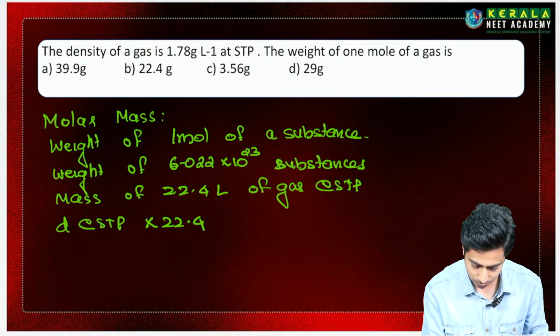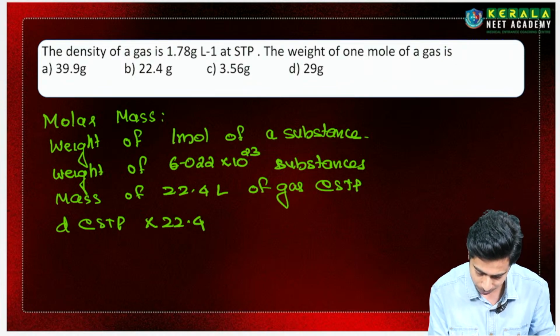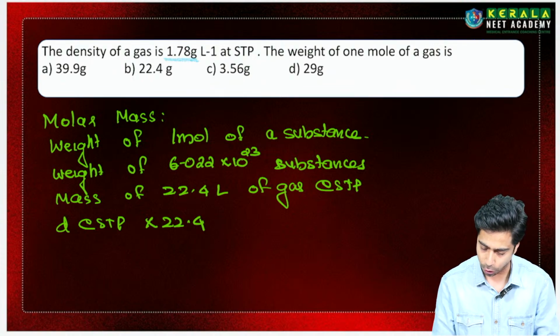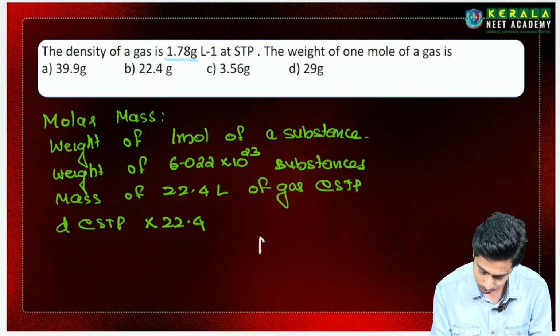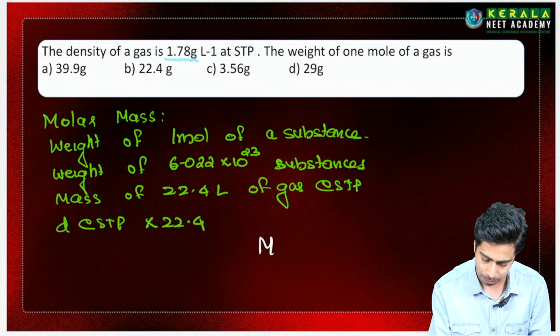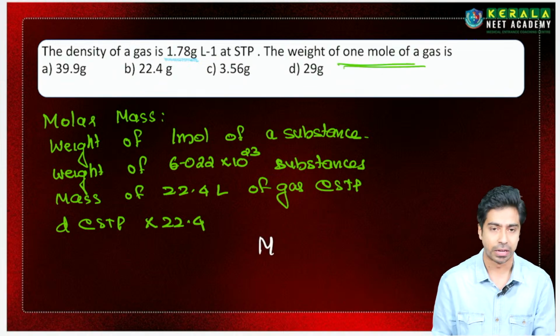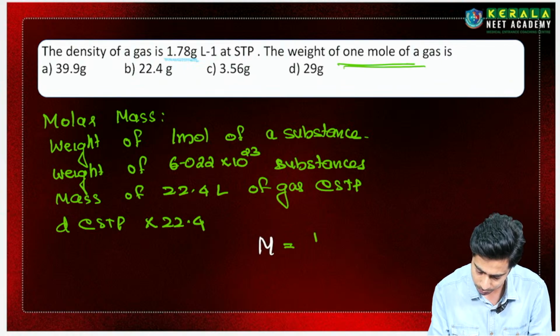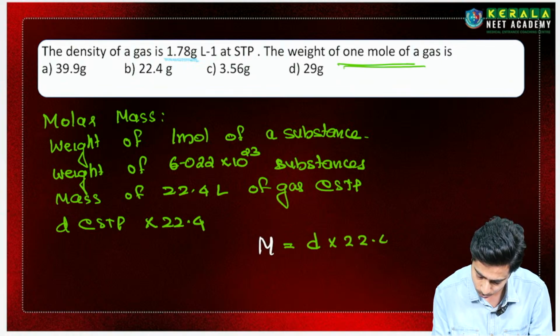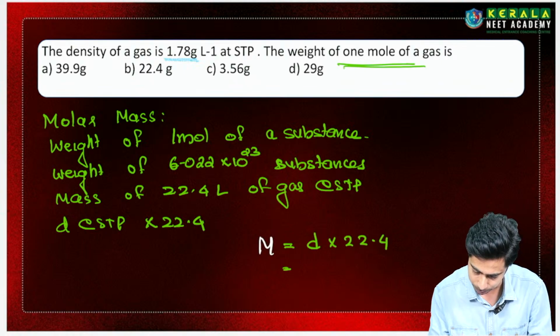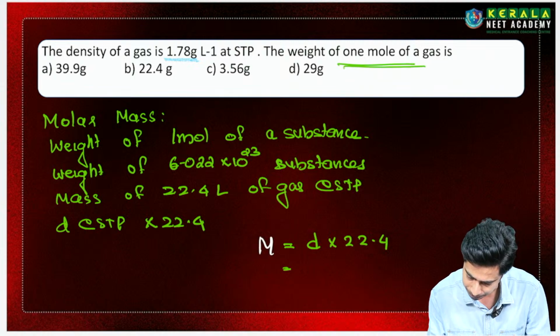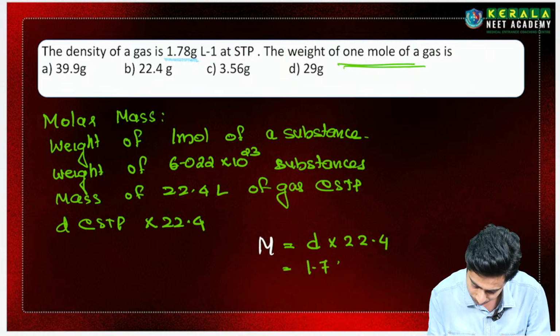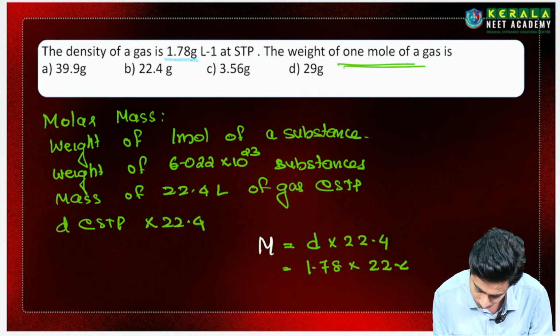So you have a gas with density 1.78. What will be the molar mass? The mass of 1 mole of a substance is called molar mass. So capital M is equal to density at STP into 22.4, which is 1.78 into 22.4.